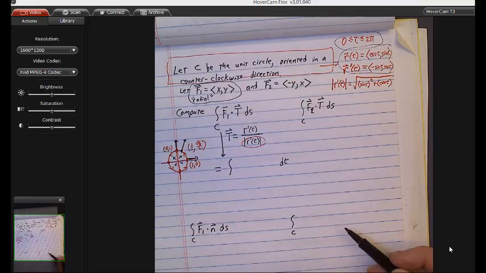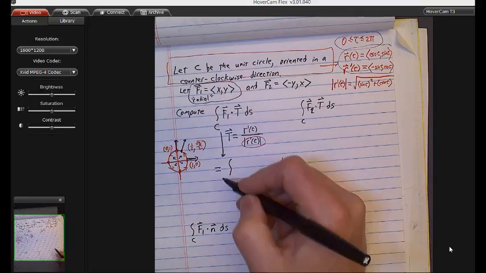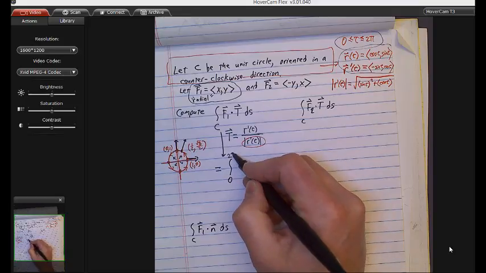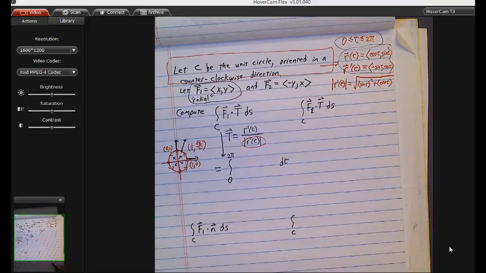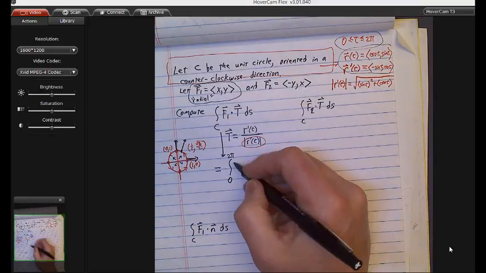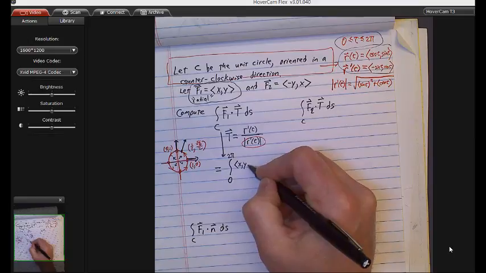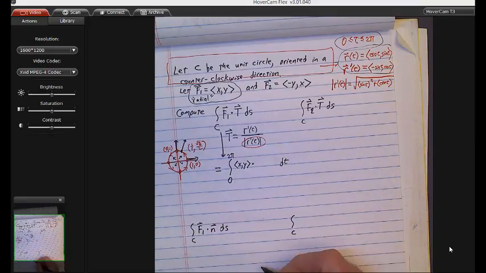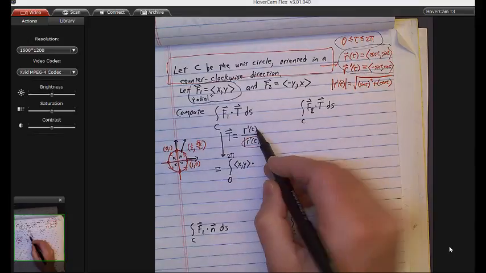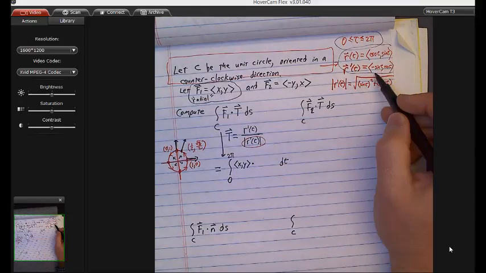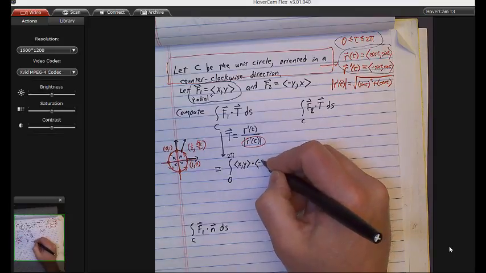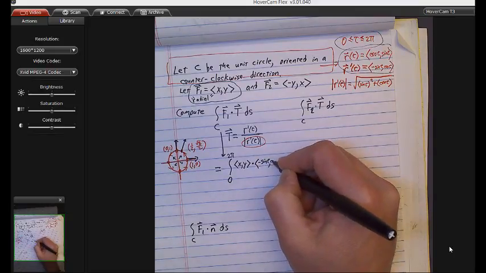My limits of integration are going to be from 0 to 2 pi. This okay? And now f1, of course, well, that's my xy dot. And then what we're dotting it with, I guess, is just r prime, because the unit vector there was this. So we have negative sine t, cosine t.